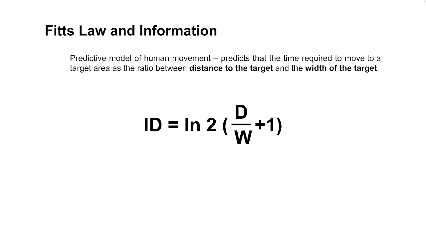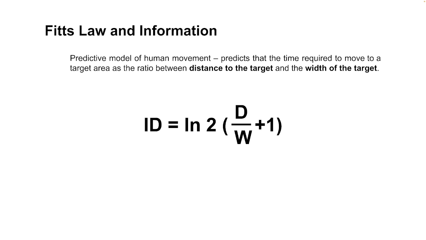So a target has a width, and then the distance to the target is also important. So the target also has a distance to destination. You're reaching ideally from maybe your chest or maybe the side of your arms resting at your side, and you reach out and you hit the target. And there's a distance, but there's also a width.